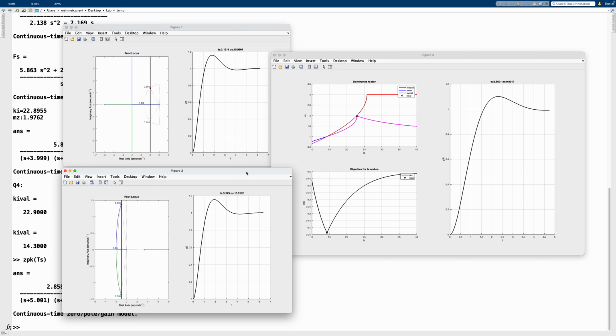So we did get rid of one of the zeros of the controller. So PI/PD has just 1 zero in the closed loop, not 2.